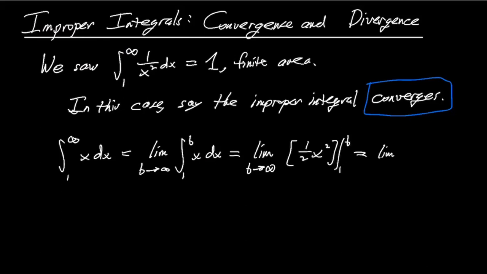And you can see what's going to happen here. It's 1/2 b squared minus, you plug in 1 and you just get 1/2. But it doesn't really matter, that 1/2. You're getting this b squared, and b is getting larger and larger, which means b squared is getting larger and larger. So this blows up to infinity. I'll just say equals plus infinity.